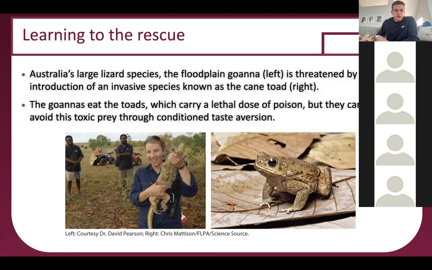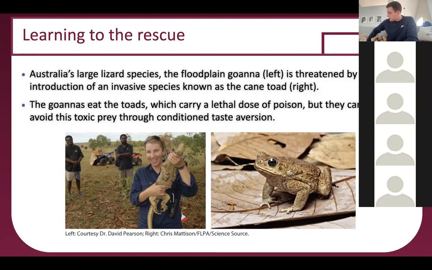So we're trying to make this connection in the little goanna's brain to not eat these toads. So what they did was they would feed the goannas little baby toads, because the baby toads were not poisonous enough to kill them, but they would make them sick. So the idea there was that if the goannas ate a baby toad and got sick, they would no longer want to eat the toads because they had made that association.